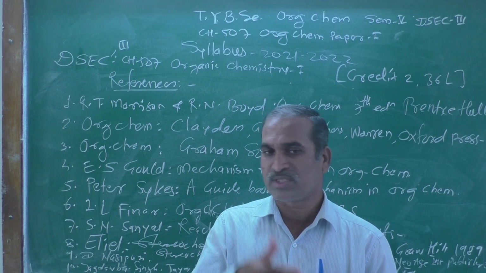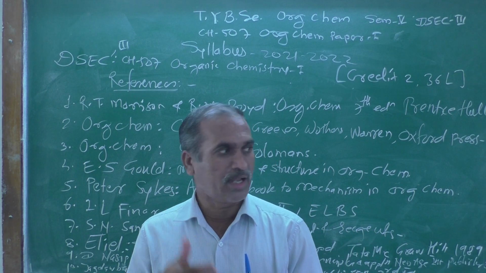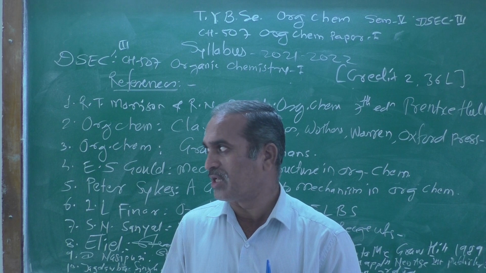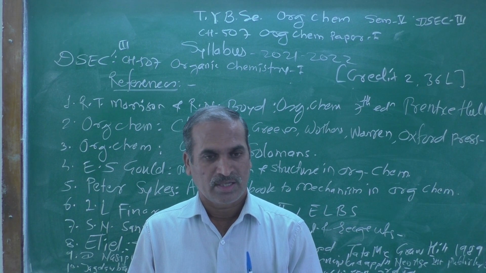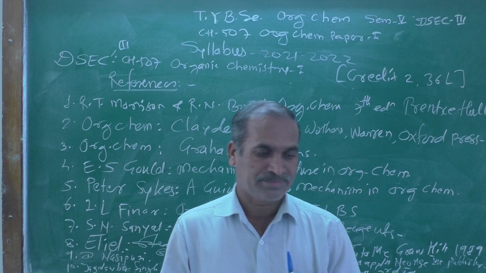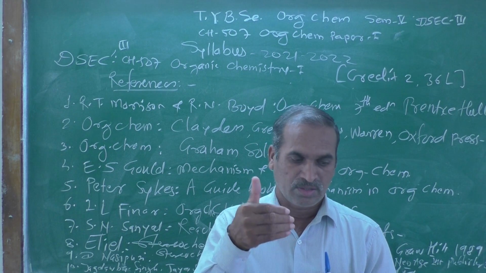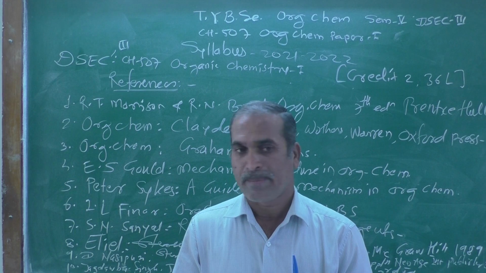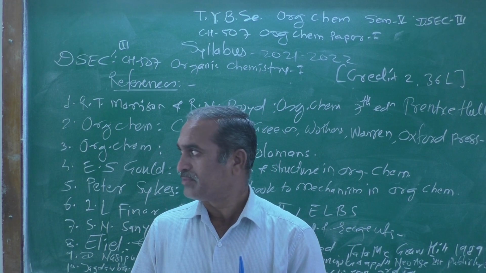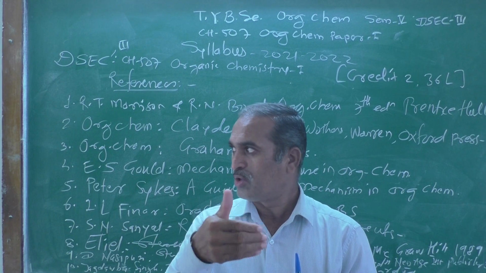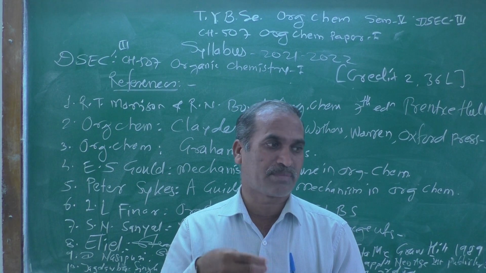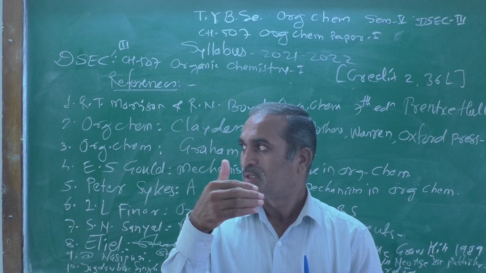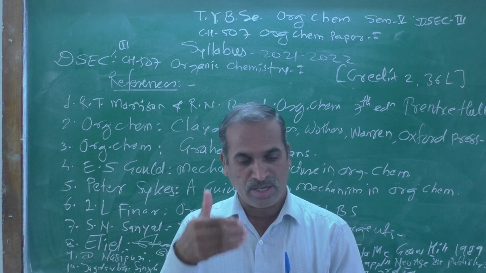There also we have seen what the contents involved in active methylene compounds are. And the third chapter we have seen is rearrangement reaction, and how the contents are present, like introduction, what the named reactions are.